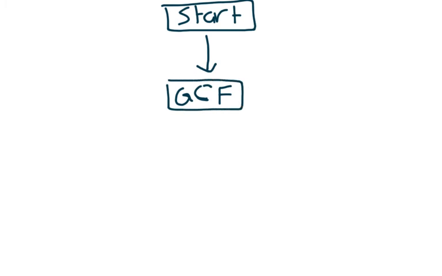Check for a greatest common factor. After that, you're going to look for three different things. So depending on what the problem looks like, depends on the next method you're going to choose.